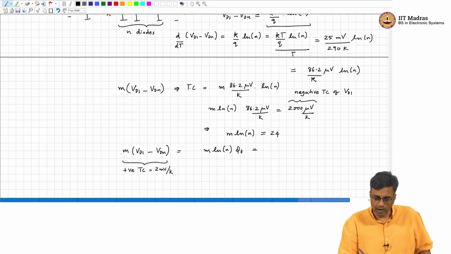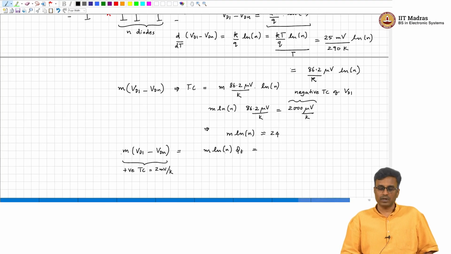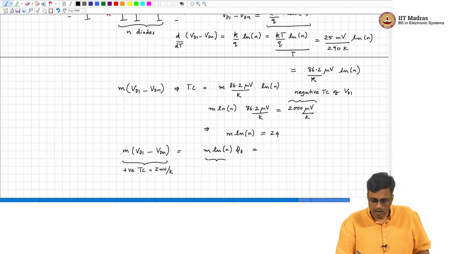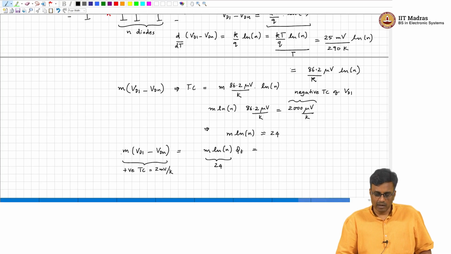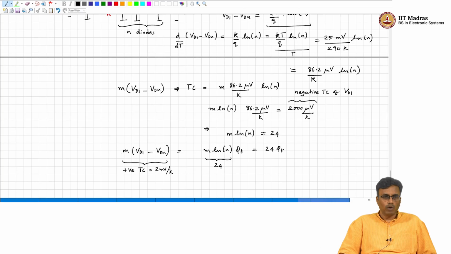So, m ln n must be chosen to be approximately 24, so m times Vd1 minus Vdn must be 24 times phi t, and phi t is about 25 millivolts at 290 Kelvin. 25 millivolts times 24 is 600 millivolts, correct.